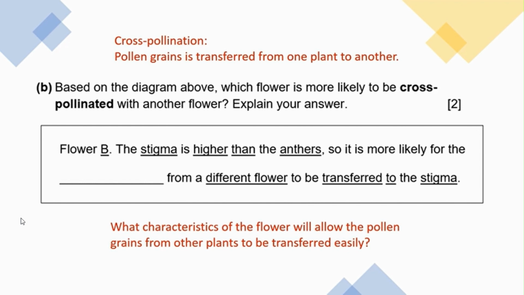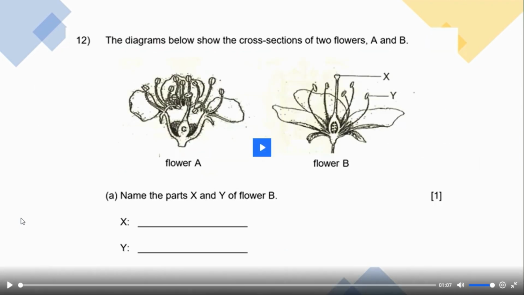What characteristic of the flower will allow the pollen grains from other plants to be transferred easily? As you can see from the diagram, in flower B, the stigma is higher than the anther, so it's more likely that the pollen grains from a different flower can be transferred to the stigma.